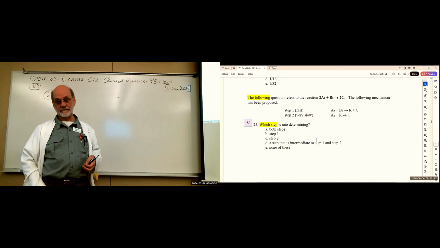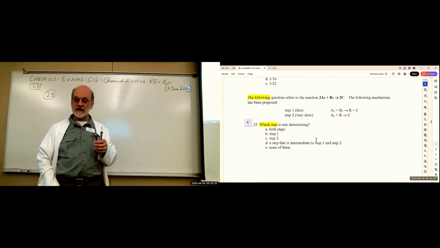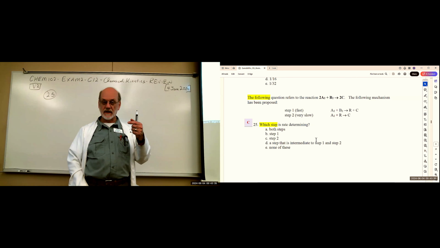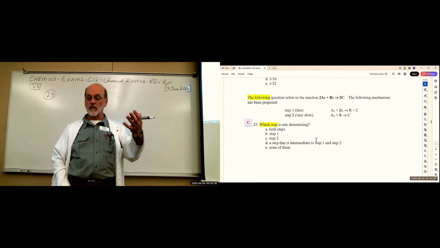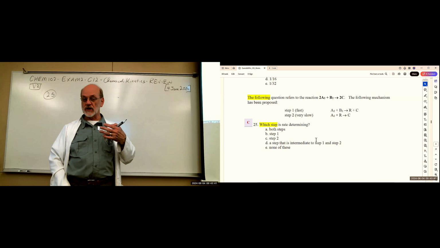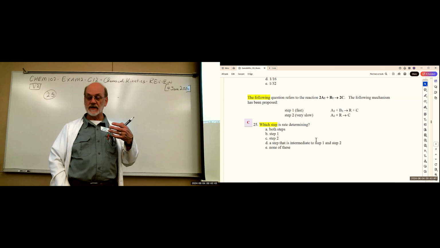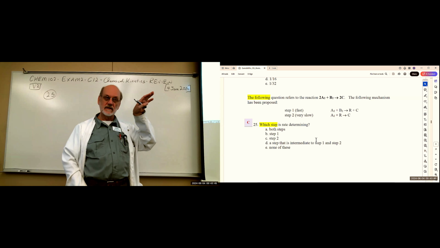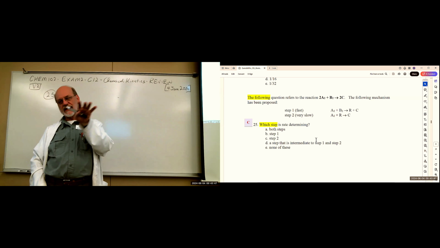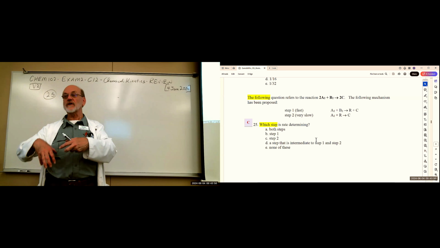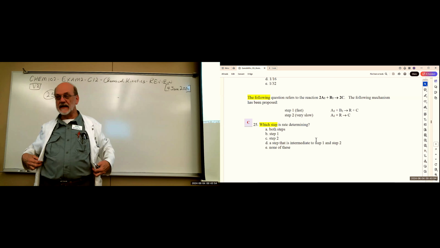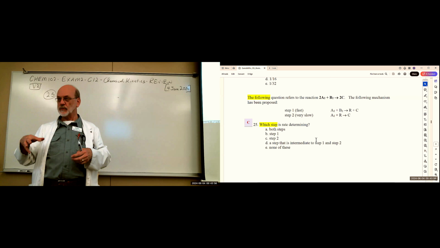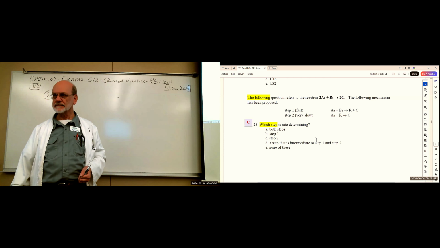And that's one of the ways you check yourself to see if your mechanism works. You add them together and see if it comes to the overall, and then you generate the rate expression from the steps and compare it to the rate you determined experimentally. And if they jive, then you're pretty sure that you're on the right track.